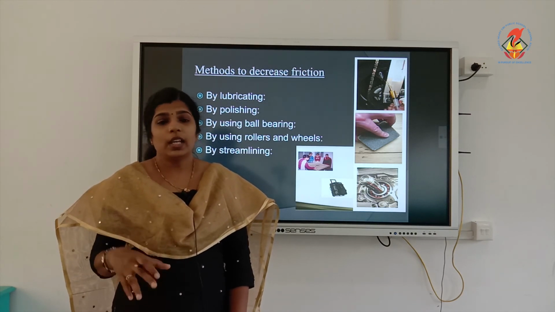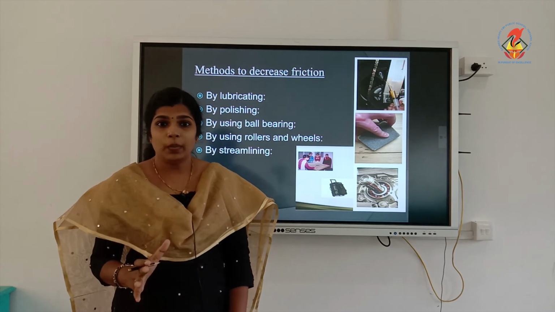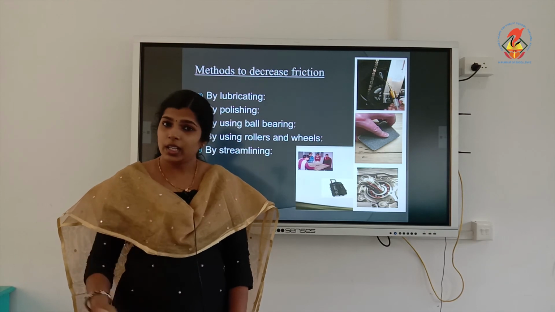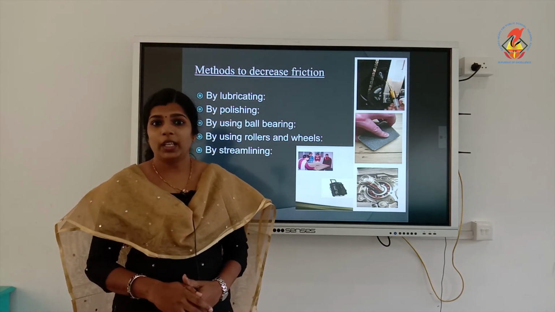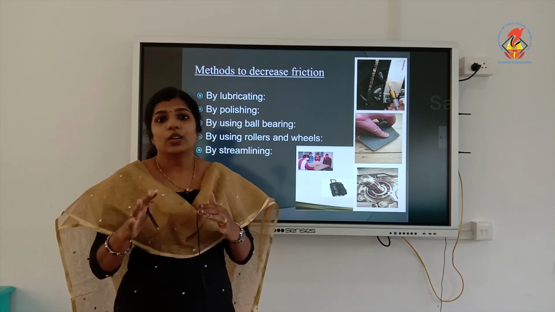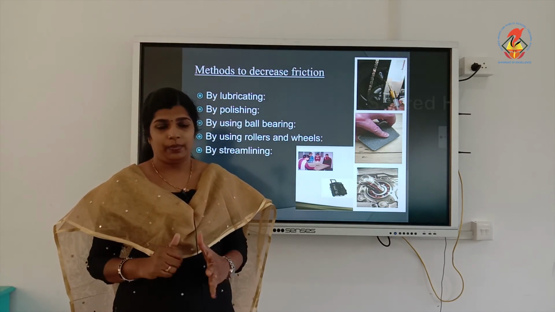Only one method is there to increase friction, that is to make the surface rough. So many methods are there to decrease friction, but we can't eliminate friction. Okay, thank you.